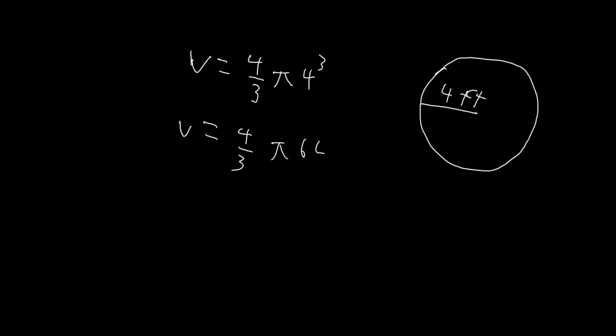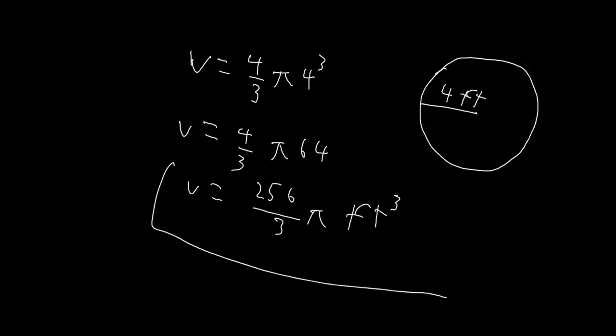Okay, and 64 times 4, well, that is just 256/3. Okay, and then our answer is feet cubed. That's our answer. Since we have a unit there, our answer is just going to be feet cubed.